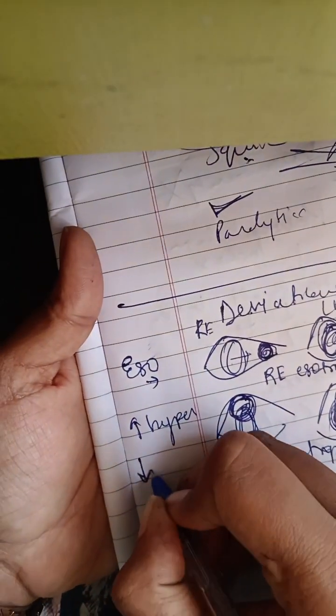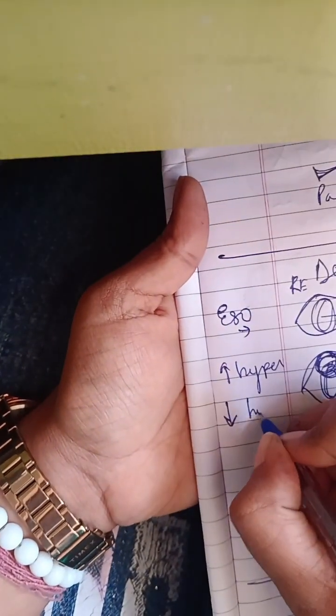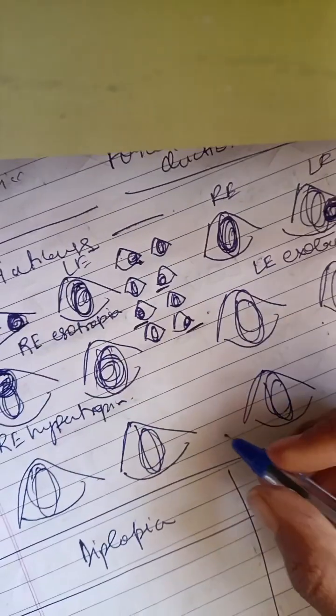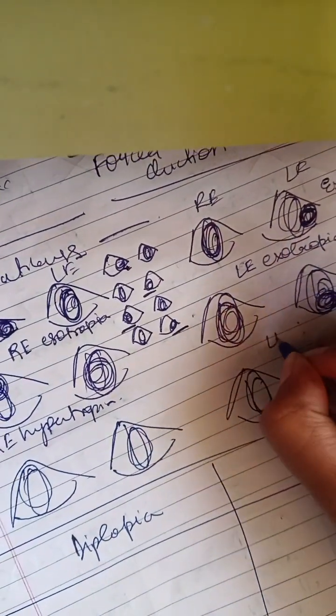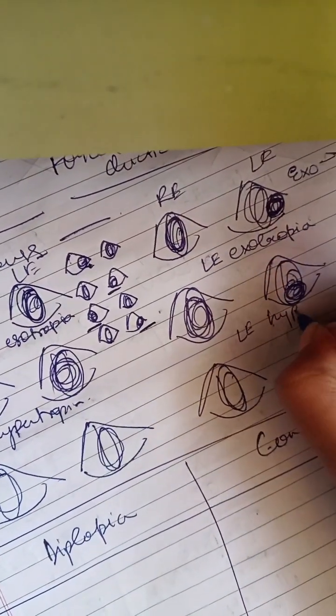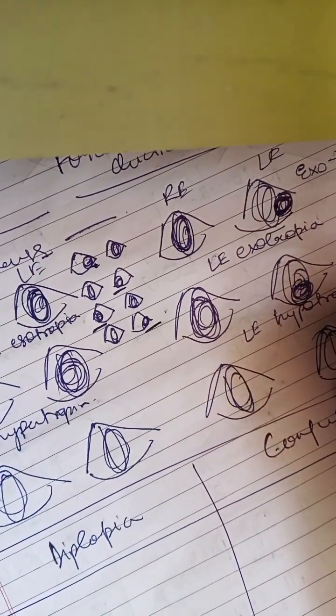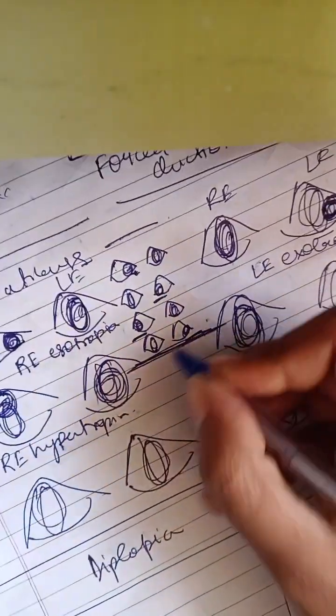Similarly, for depression we have hypo. So if this is over here and this is over here, then we will call it left eye hypotropia.